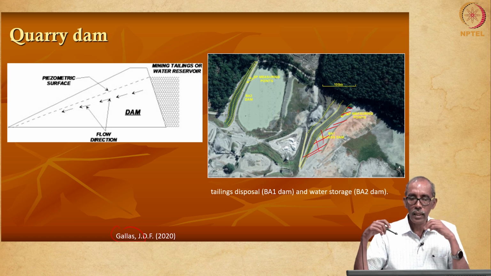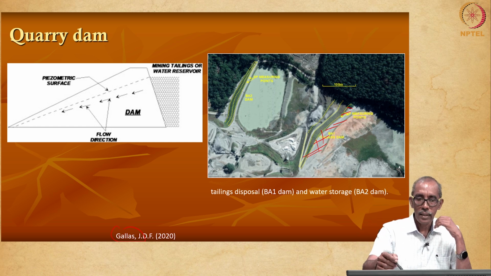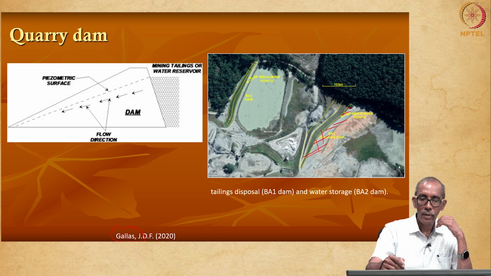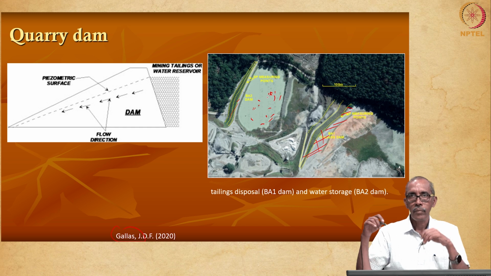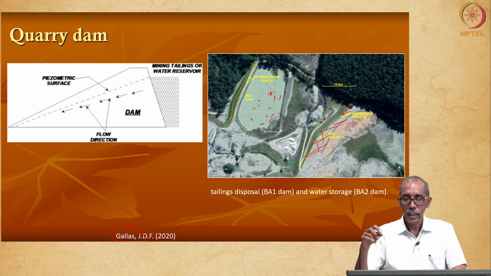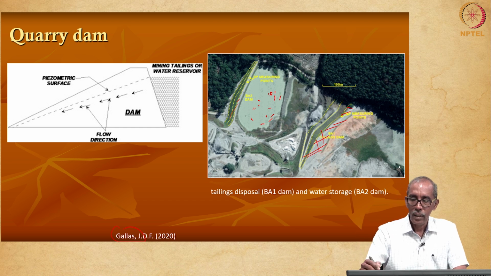Here they are storing the mine waste as a slurry, and at the same site they also have another dam where fresh water is stored for different purposes. So here is the tailing storage and here is the water storage.